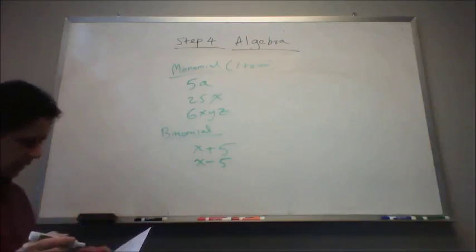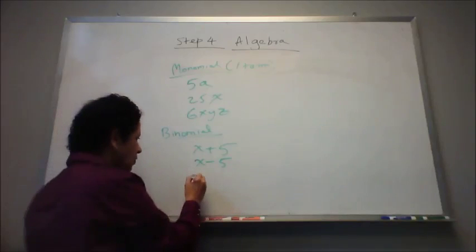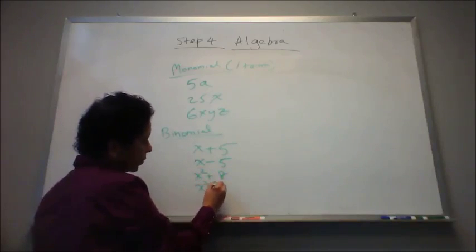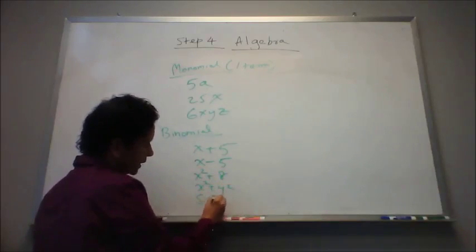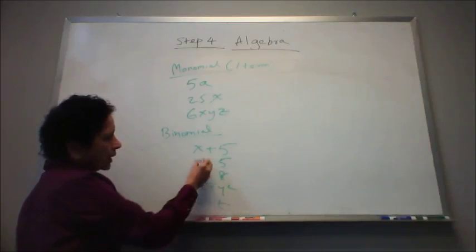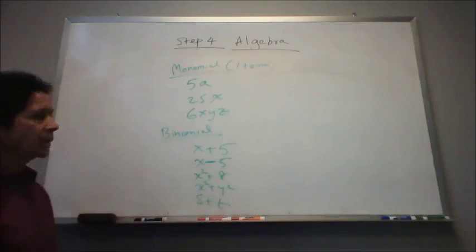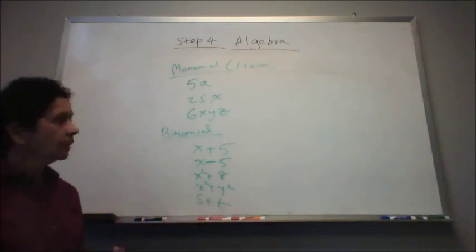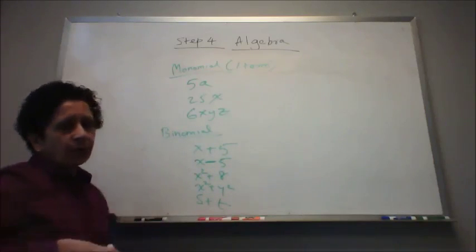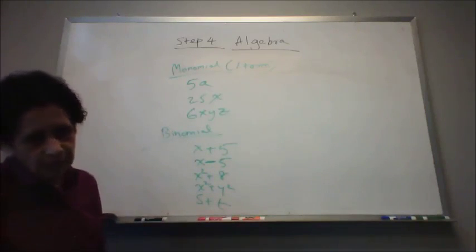Two terms there, right? Or I can have x squared plus 8, or x squared plus y squared, or s plus t. Anytime I have two terms, with a minus or plus in between, that's called a binomial, okay?